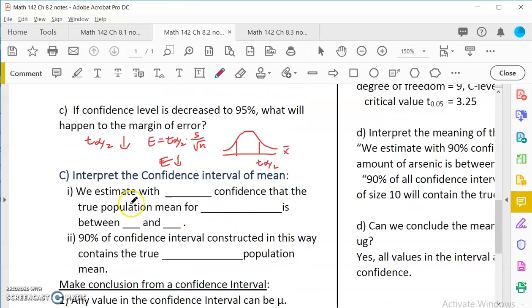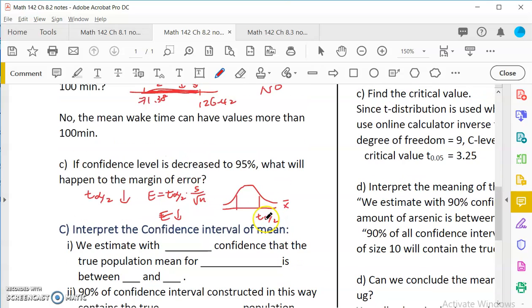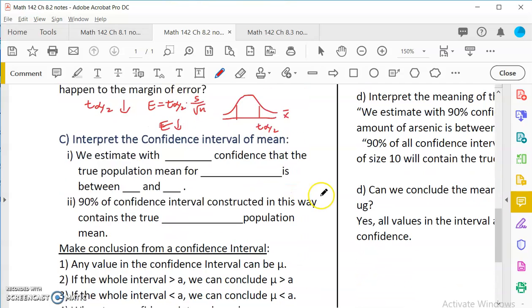The next thing we want to talk about is how to interpret confidence intervals of a mean. If someone says, your mean is between 71 and 128, what would we say? We would say, we estimate with whatever confidence, 95 or 98 percent, that the true population mean for something, like maybe wait time or score, is between this and this.